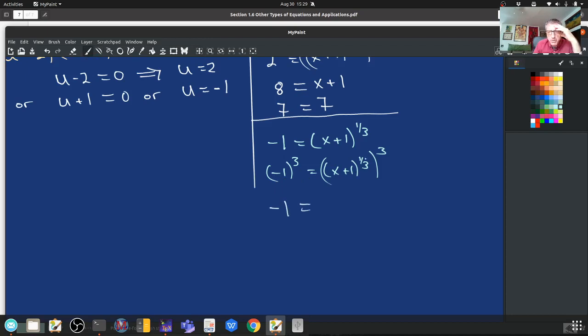And x plus 1 to the 1/3 raised to the third power is equal to x plus 1. So all I'm going to do is move the 1 to the other side. So minus 1 minus 1 is equal to x. So minus 2 is equal to x. So those are my two solutions. So x is equal to 7, or x is equal to minus 2, and those are solutions.